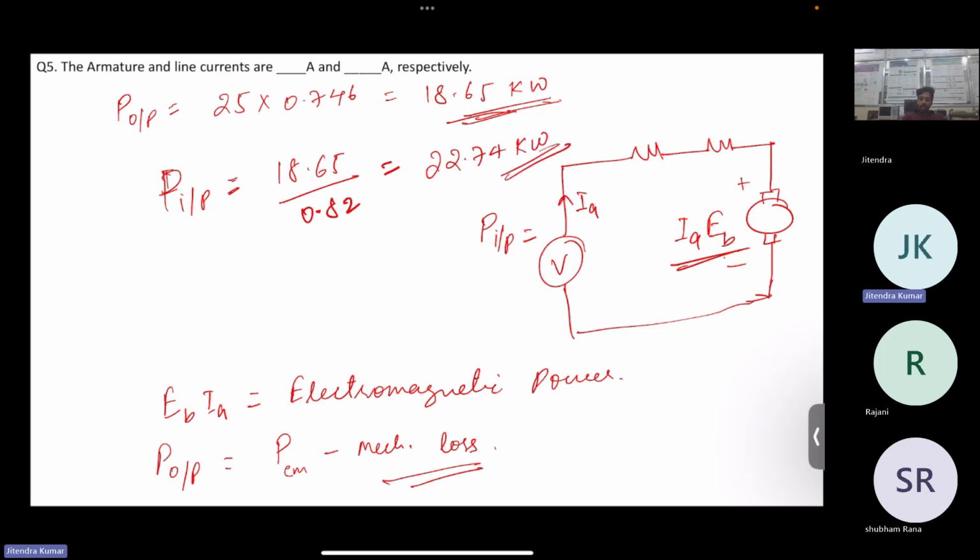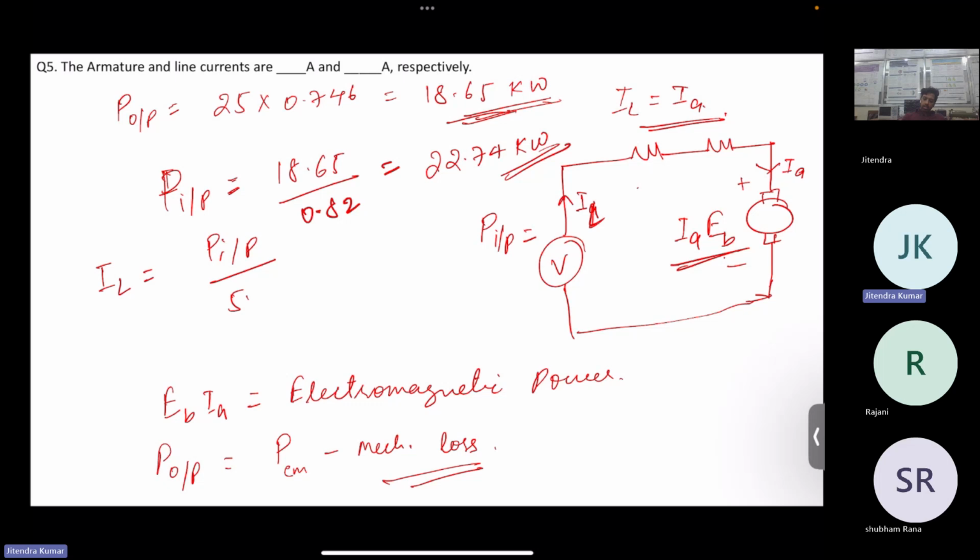Can we calculate armature current? Usually it is a line current, but the same current is going into the armature. So that's why in a DC series motor, IL is equal to Ia. Input power divided by voltage.